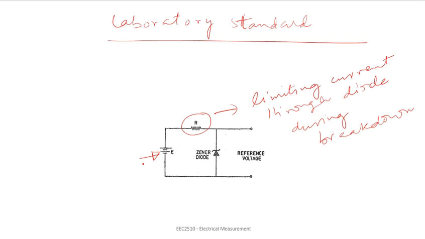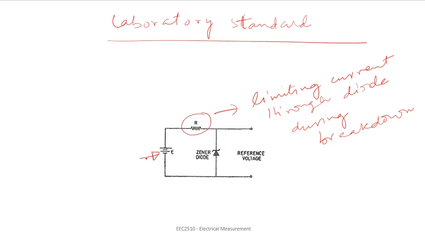Due to all these semiconductor devices, such as Zener controlled reference sources, they have replaced the standard cells in different industrial applications. And you know that in industries we have the laboratory standard. So this is one type of standard which can be prepared.